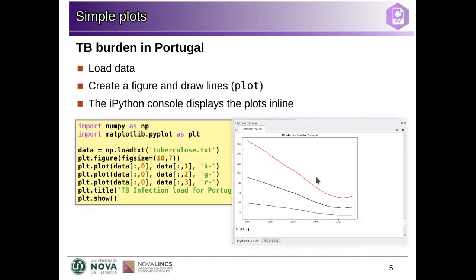There is a new version of Spyder that actually has a tab above the console where you can see the plots, but you can select if you want them to appear in the console or over there. So this is the look of this, because we drew the upper boundary in red, the lower bound in green, and the estimate in black.